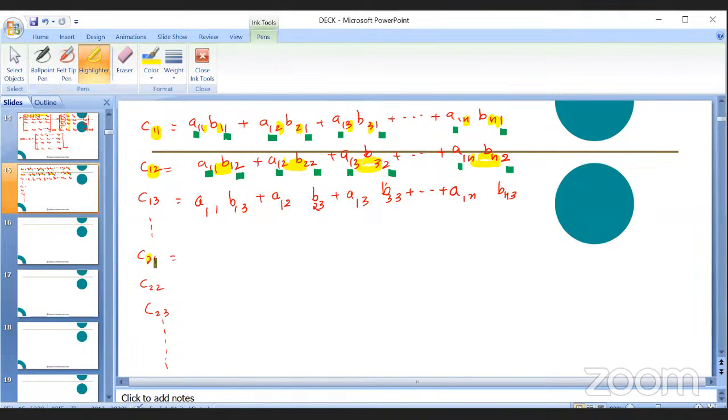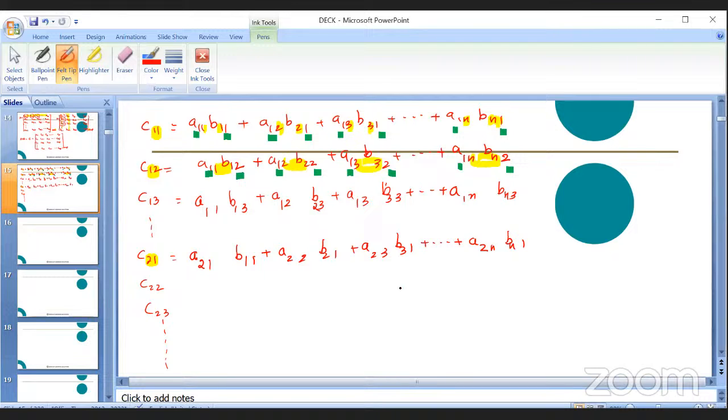I have to multiply second row, first column. So what I will have? A2, B1. In the middle, 1, 1. Here also A2, B1. In the middle, 2, 2. Here A2, B1. In the middle, 3, 3. So on, A2, B1.